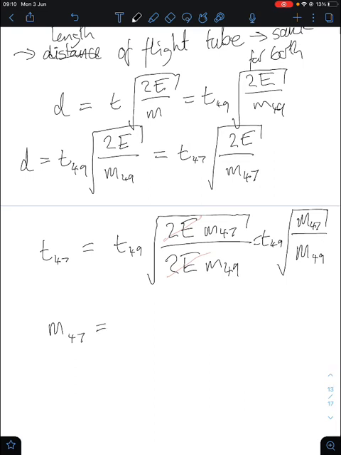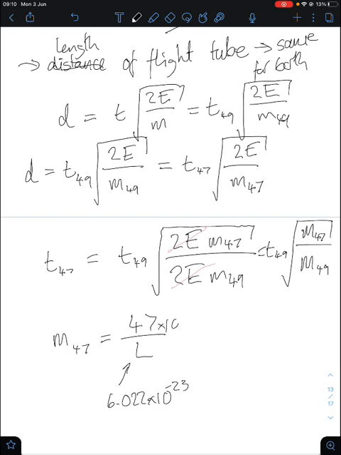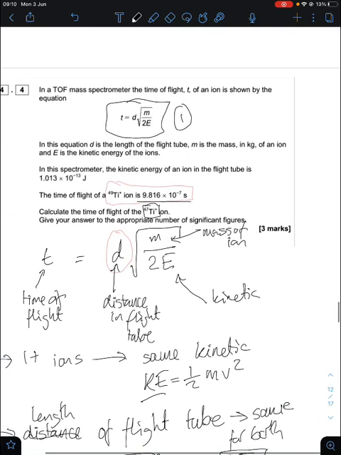So the way we're going to calculate the actual mass of each ion is to divide the relative atomic mass by L, or Avogadro's constant. We should really convert this into kilograms as well. You'll see this will end up not mattering, but it's good to do this just for clarity.